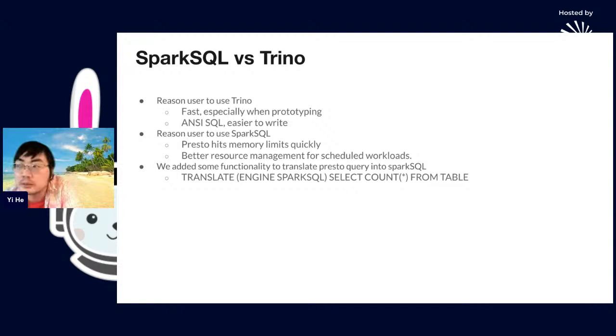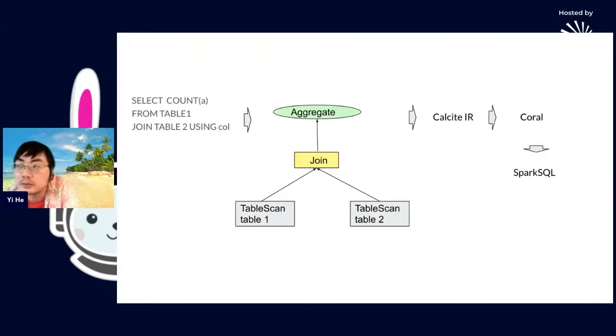What we did is convert the Presto plan into Calcite IR, and then we leverage Coral to translate it back to Spark SQL and provide that to our users so that they can run it in a production cluster in Spark SQL.